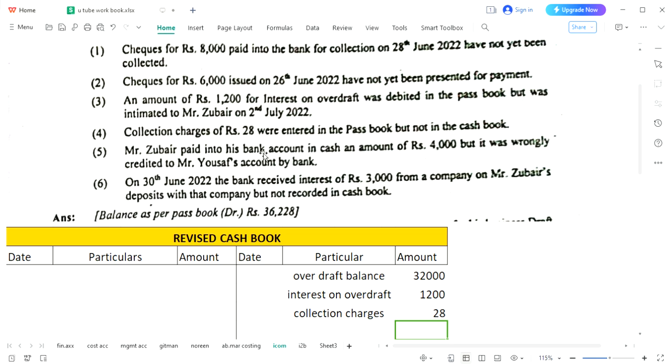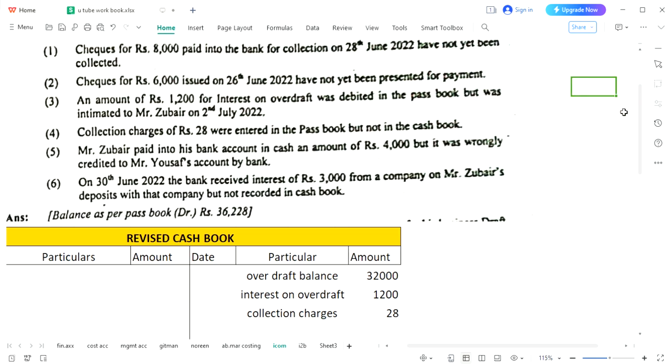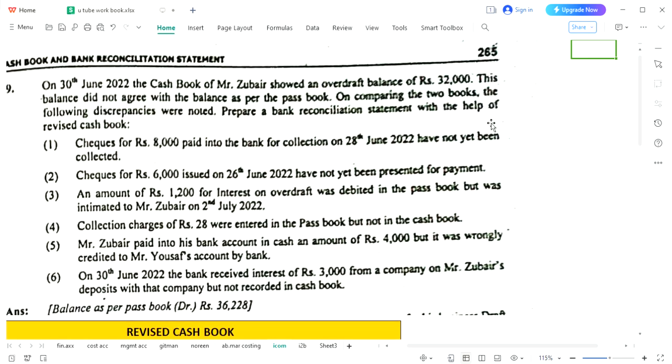Mr. Zubair paid into his bank account the cash. It means Mr. Zubair was supposed to debit the bank account. But what had happened? Mr. Zubair had debited the bank account, and bank should credit the name of Mr. Zubair. But instead of Zubair, bank had wrongly credited Yusuf. Please note we are not concerned with Yusuf because all these entries are directly associated with the cash book of Mr. Zubair.